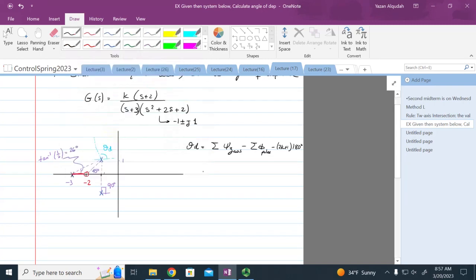So therefore, my angle of departure is going to be the angles from the zeros, which is 45 degrees, minus the angle from the poles, which is 90 degrees, minus 26 degrees, and I can add or subtract 180 degrees, and this is going to give me an angle that is equal to 109.